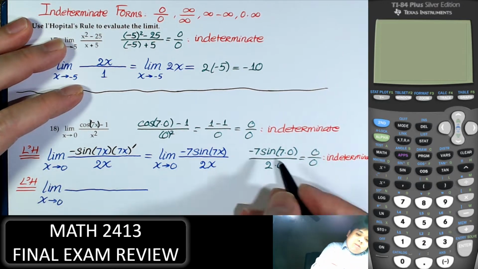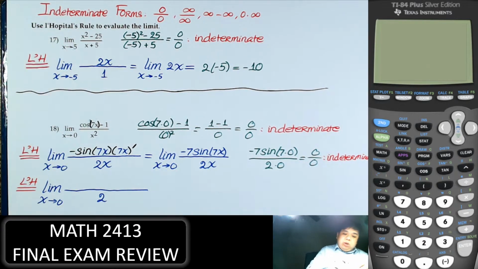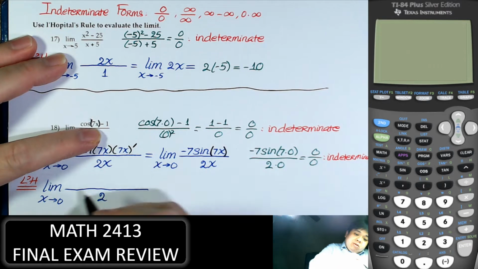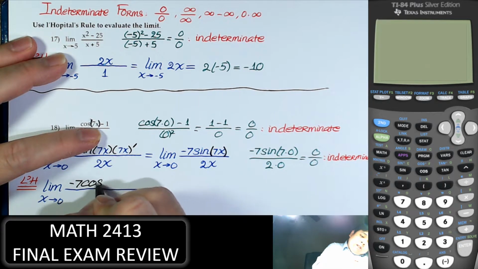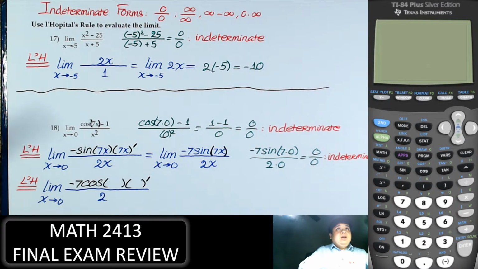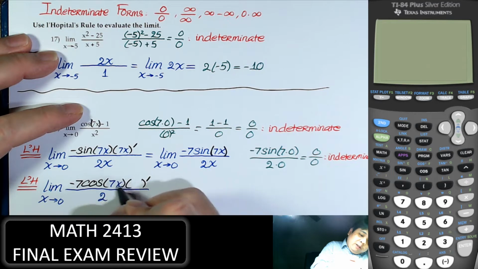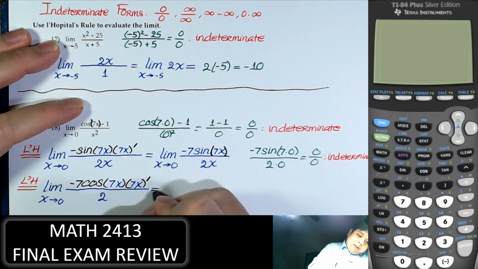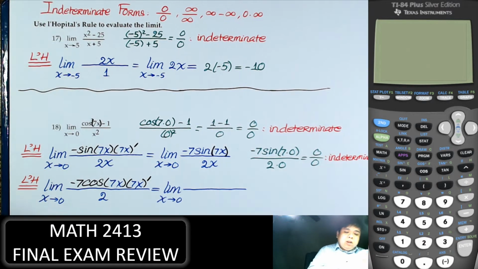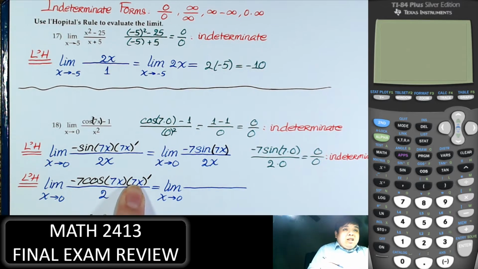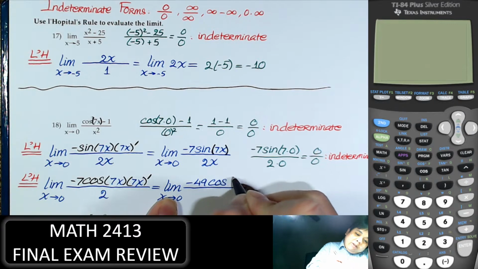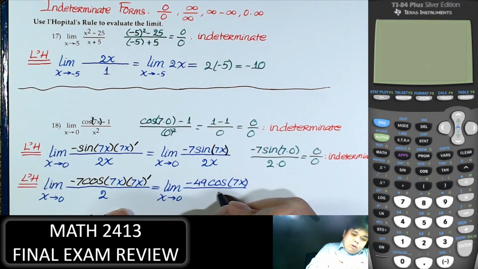Take the derivative of the top, derivative of the bottom, which is just 2. Again I will use the chain rule. Derivative of sine is cosine, and then the derivative of the parentheses. The derivative of 7x is 7, times -7 gives negative 49 cosine of 7x over 2.